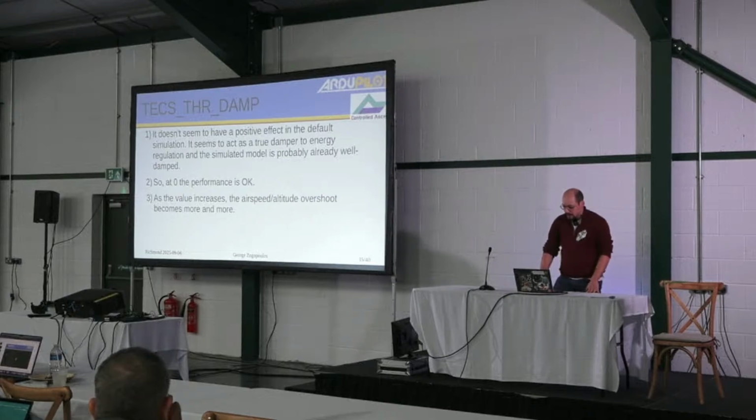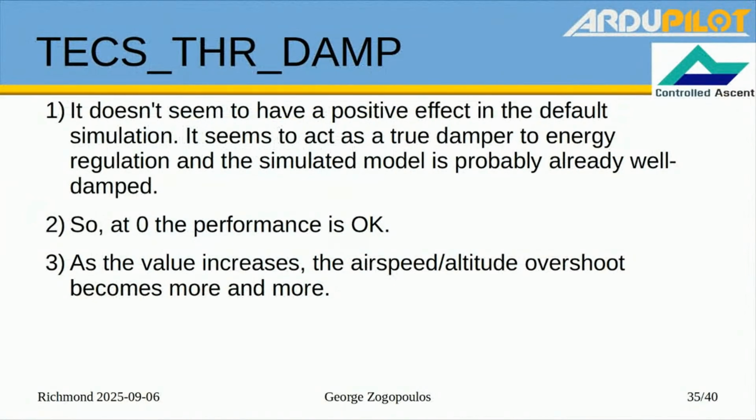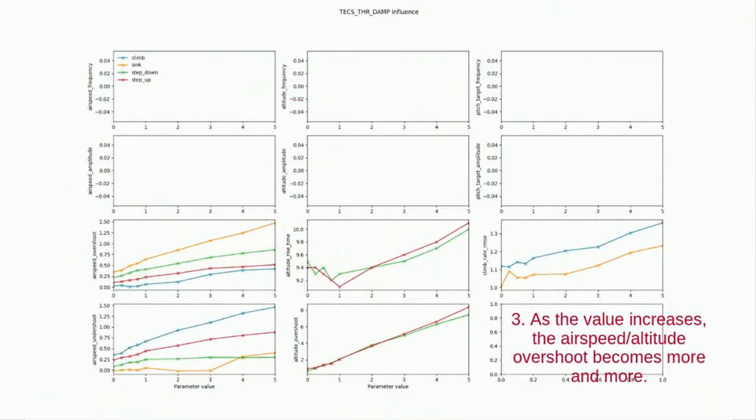TECS throttle damp is another parameter that is often considered for tuning. In this simulation model, again, it didn't have much of a beneficial effect, at least. Even at zero, the plane flies fine.